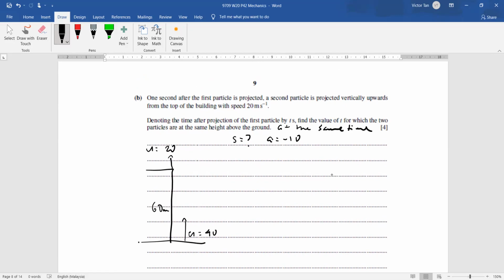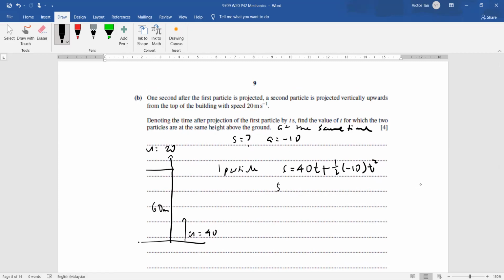So using the same formula, for the first particle, S equals UT, 40T plus half minus 10 T squared.